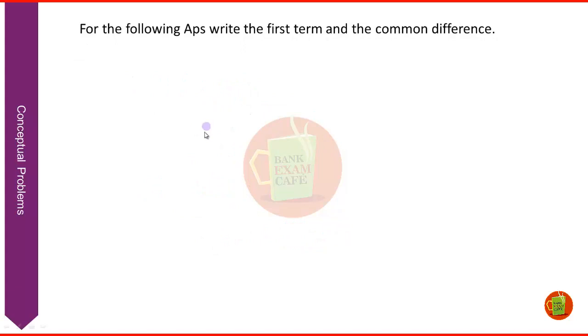Now here the next question is, for the following APs, write the first term and the common difference. So the first question is that 3, 1, minus 1, minus 3. Here this AP is given and we have to write the first term and the common difference. The first term is 3, so the first term is equal to 3.